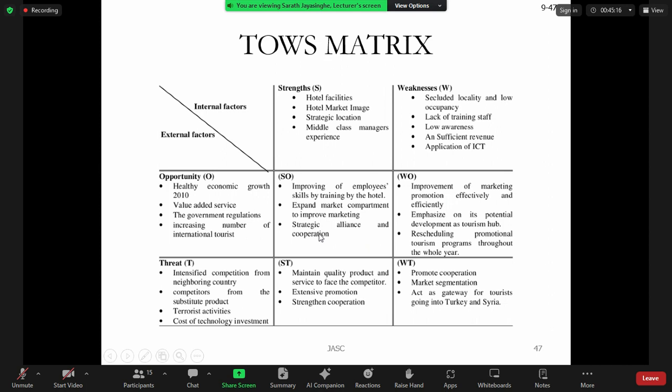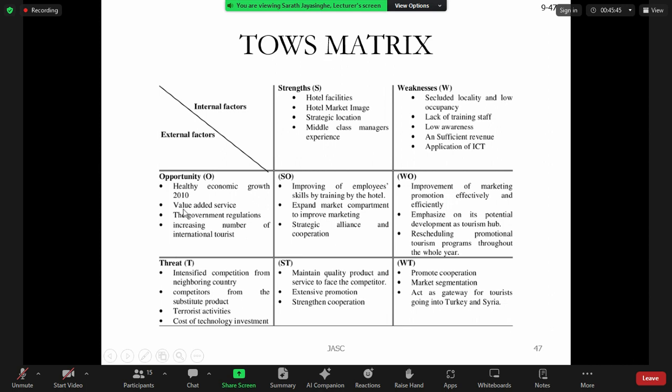Right? Likewise, comparing the weaknesses listed here and the opportunities listed here, comparing these two, WO strategy: improvement of marketing promotions effectively and efficiently, emphasize on its potential development as tourism hub. Right? So the meaning of this is you have to identify strengths, weaknesses, and everything under SWOT analysis.